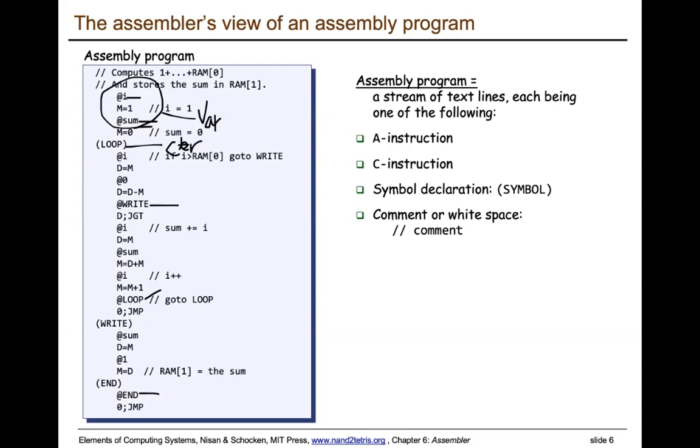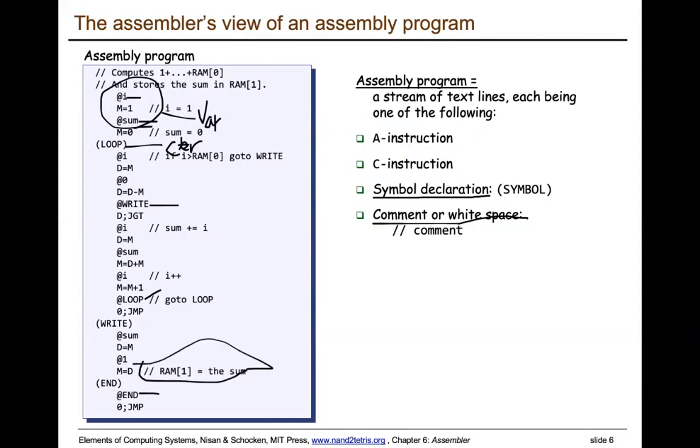So control. You have a loop, so you have somewhere to jump to here. So this is the control part. And the right is also control, and the end is control. So in our symbol declaration, we have 2 types of symbol, and we will learn it later. And the last one is a comment or white space. Comment looks like this.